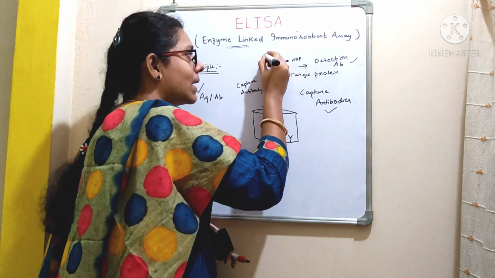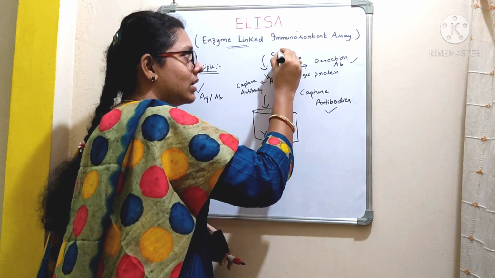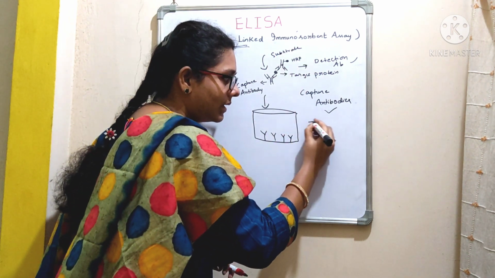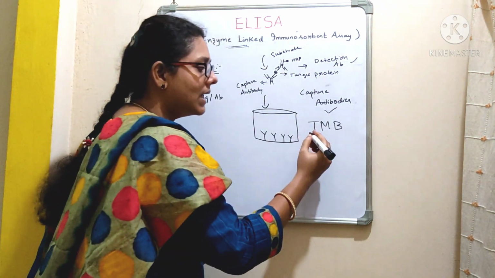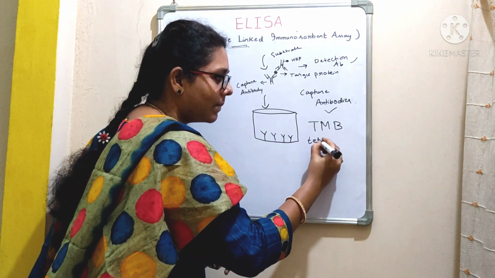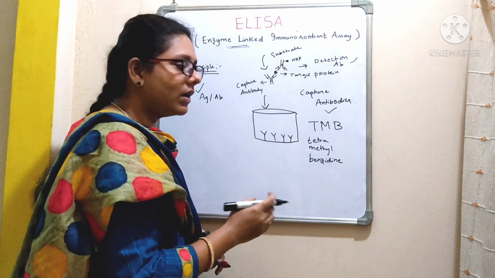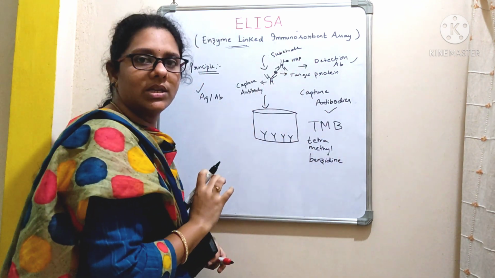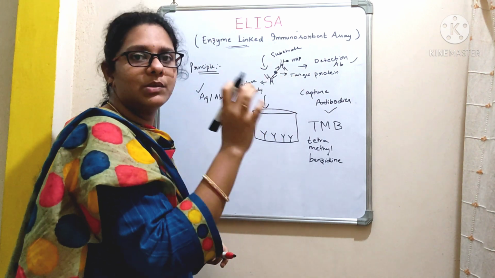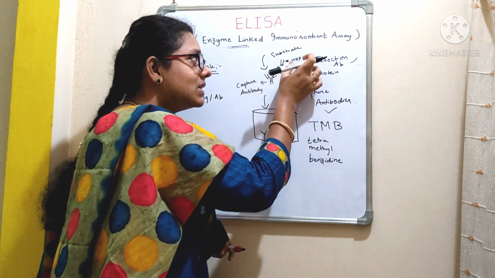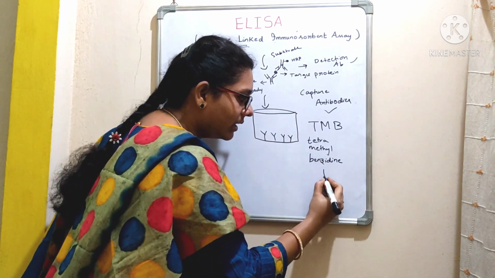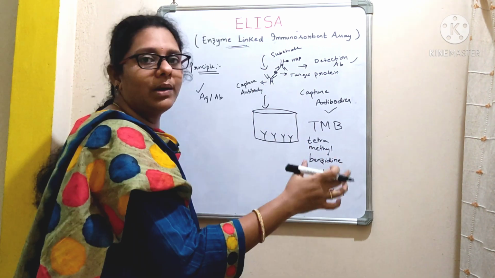Then in the next step, after you add substrate, most commonly for HRP we use a substrate called TMB. TMB stands for tetramethylbenzidine. TMB is a substrate for the HRP enzyme. HRP stands for horseradish peroxidase. So whenever this HRP enzyme reacts with this TMB substrate, it gives rise to a blue colored product.